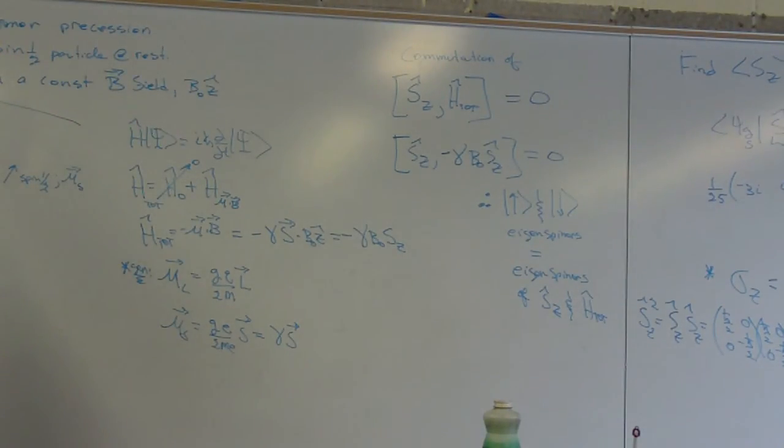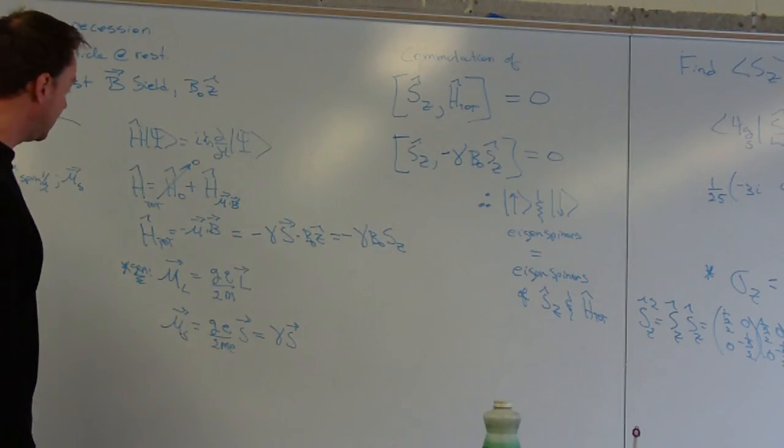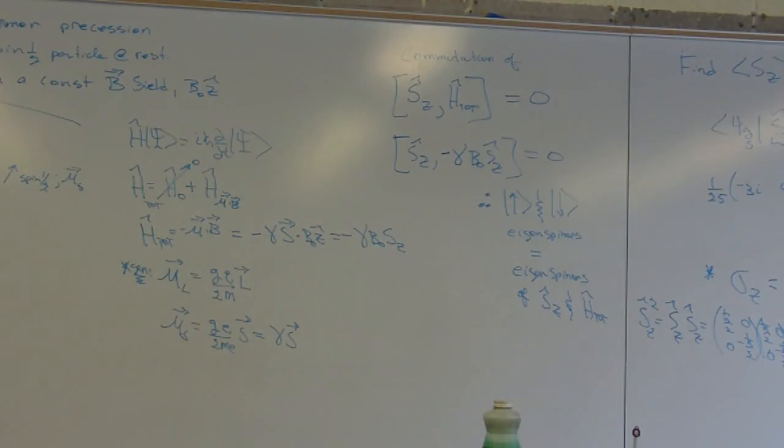Now you know what the eigenspinors are. They're up and down, a 1, 0 and a 0, 1. And you can plug those into this equation right here. So now you have two eigenspinors.